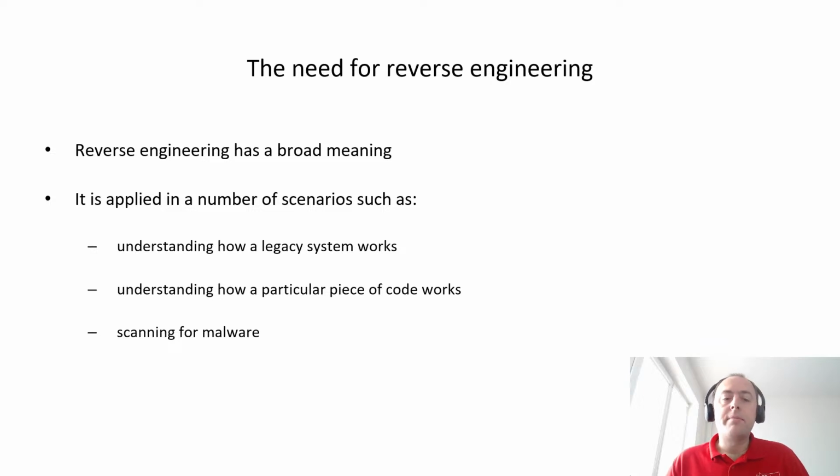On the other end of the aspect, reverse engineering is heavily used in the area of security analysis. In many cases, we need to perform reverse engineering to scan, for example, for malware. In many cases, we don't have the source code of the application we would like to scan and reverse engineer.